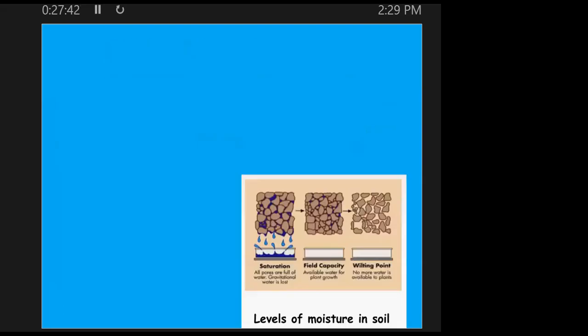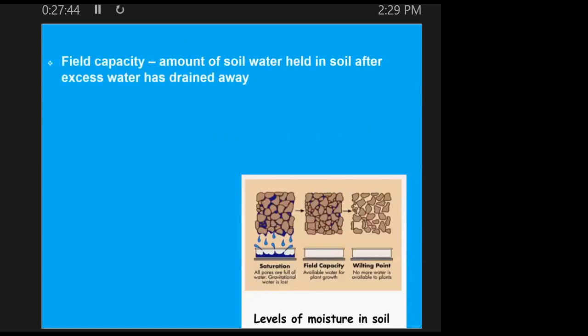So that field capacity idea was the water that's still in the soil after the excess water has drained away. And so you can put a number on that. You can actually calculate that.